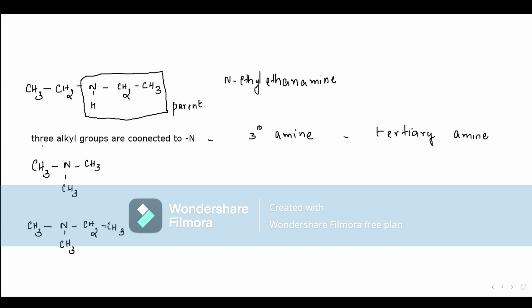Let's learn minimum examples. First one, N is connected to three methyl groups. So as we know, one of the groups, or precisely the longest carbon chain, should contain the N. Now here all the three carbon chains are identical. They're just methyl groups.